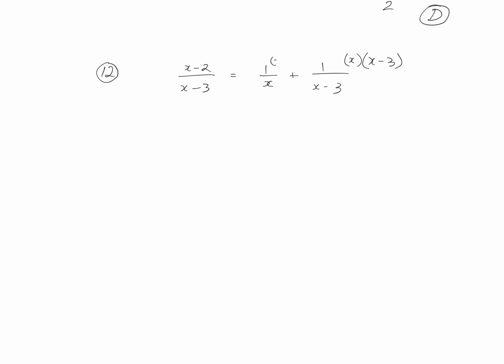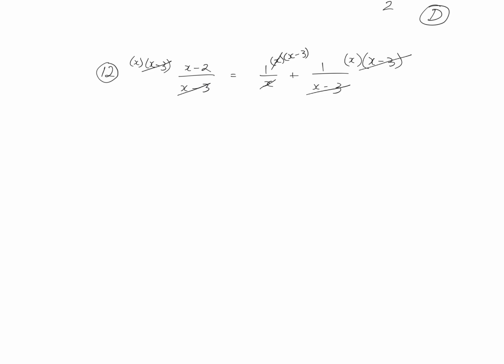What ends up happening is this x minus 3 cancels that x minus 3, this x cancels that x, and this x minus 3 cancels with that x minus 3.